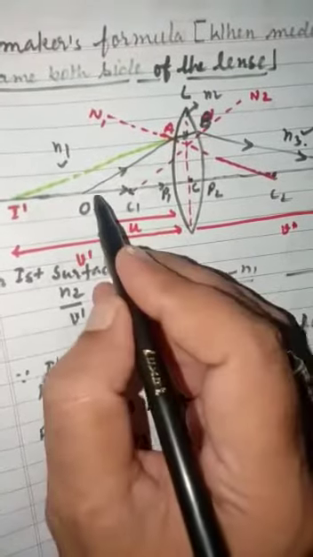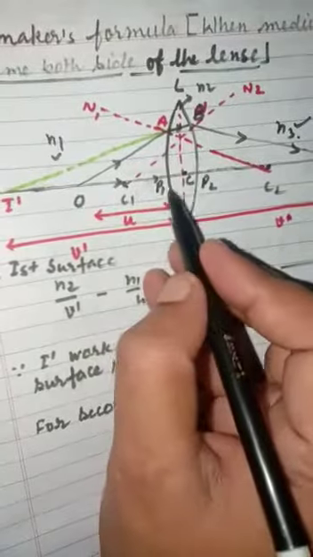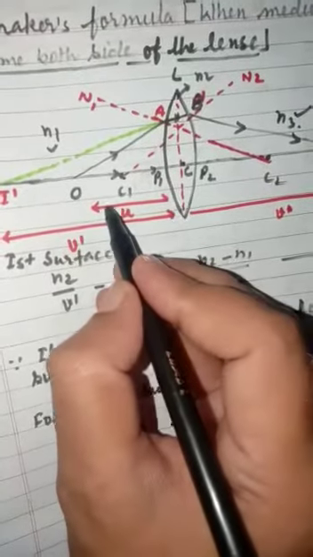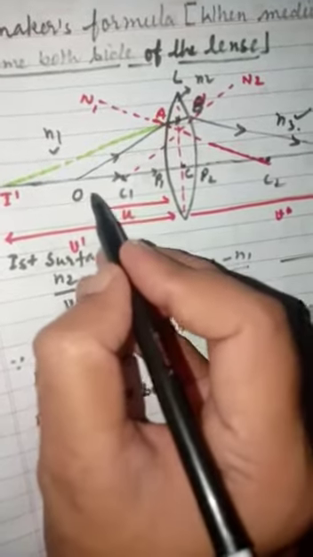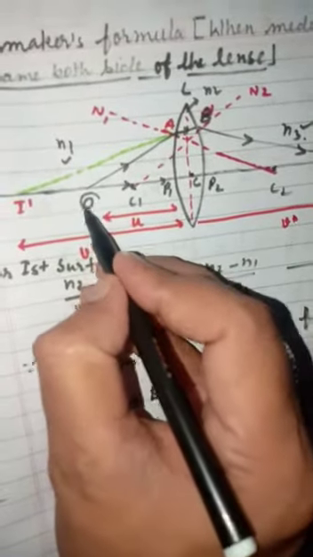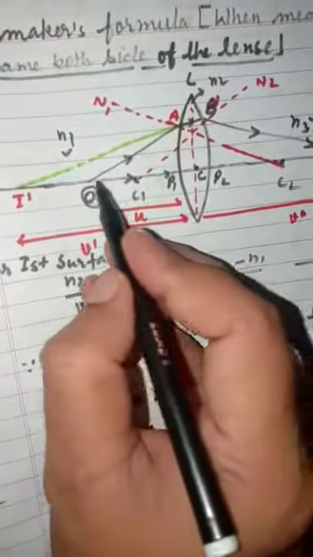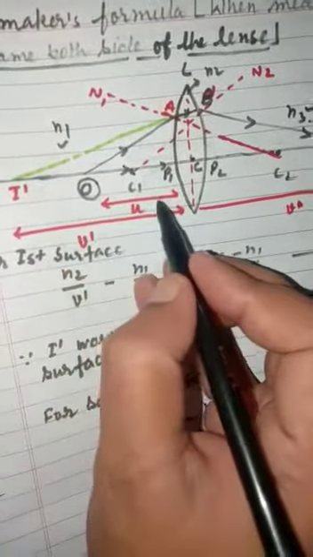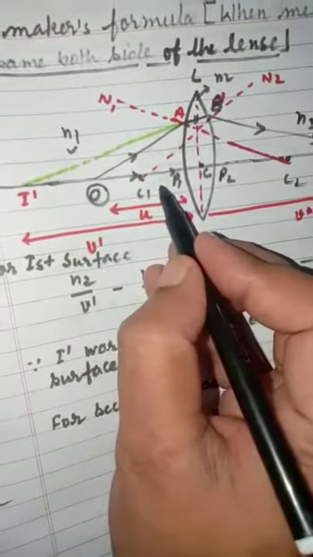A point object O is placed on its principal axis at u meter distance from the first surface.